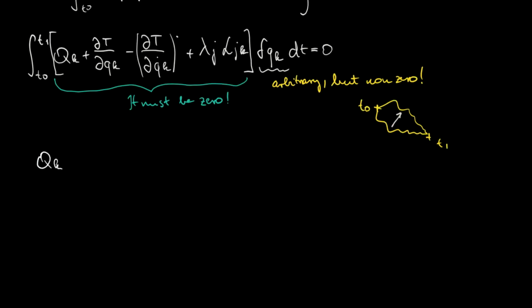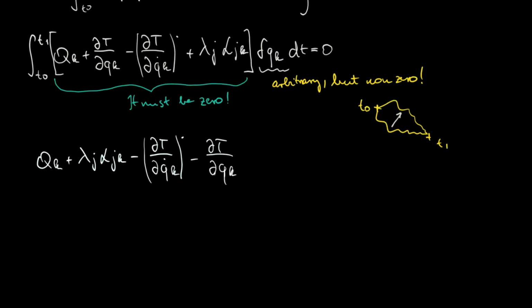So the final equation is: Qk plus lambda j a jk minus d/dt of partial T over partial qk dot plus partial T over partial qk, and the non-holonomic constraint equation, a jk qk dot plus beta j equals 0.